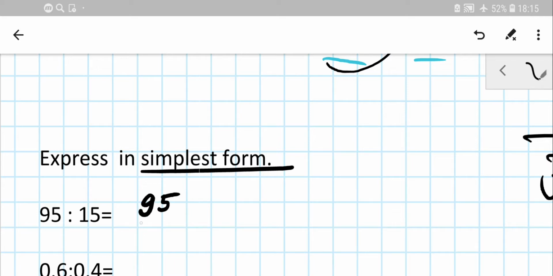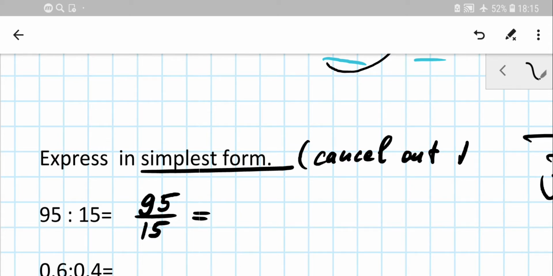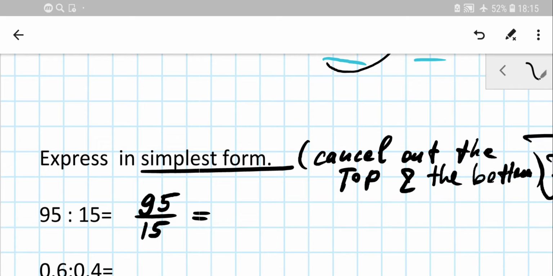We present it as the fraction 95 over 15, and then we want to cancel. Simplest form means cancel out the top and the bottom of the fraction. If you can cancel, you'll get a more simplified version. And when you have prime numbers on top and bottom, you'll get the simplest form.